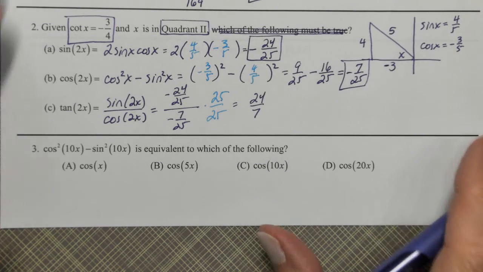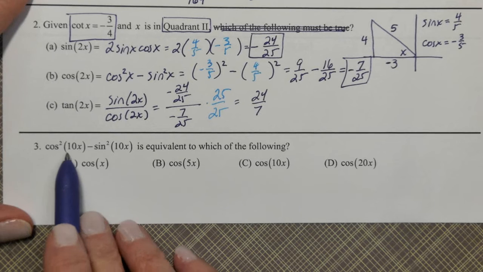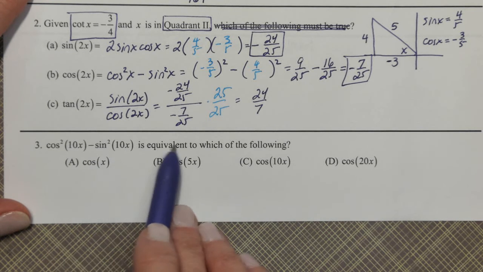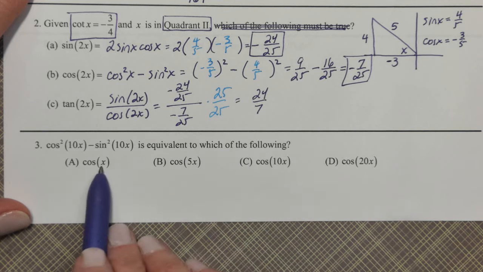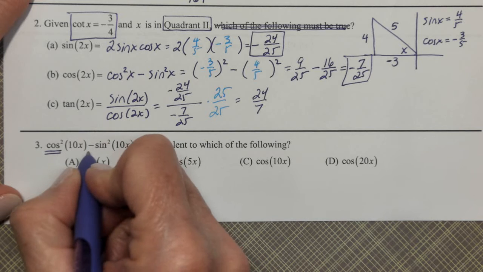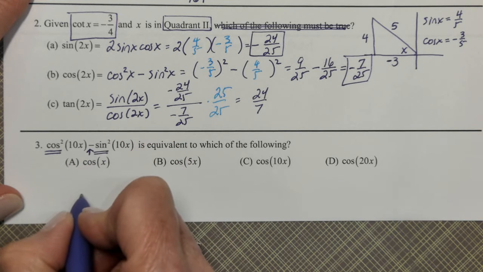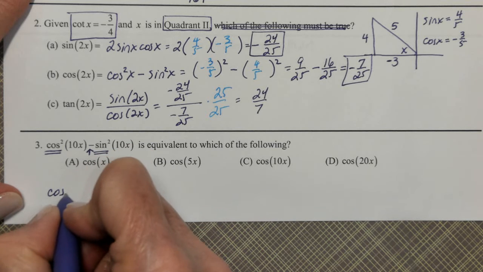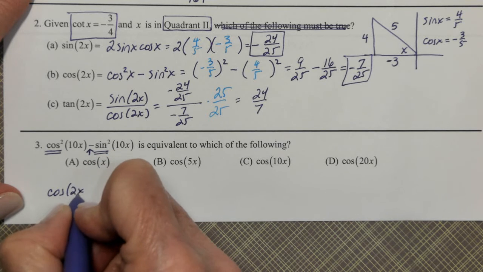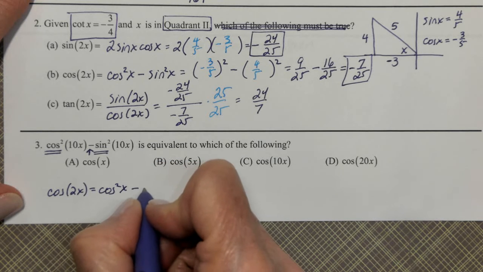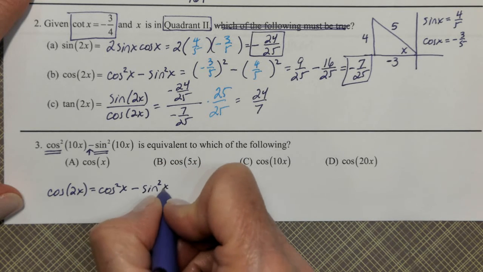Number 3. Cosine squared of 10x minus sine squared of 10x is equivalent to which of the following? Well, when I see cosine squared minus sine squared, I think of the double angle formula. The double angle formula says cosine of 2x is cosine squared x minus sine squared x, right?